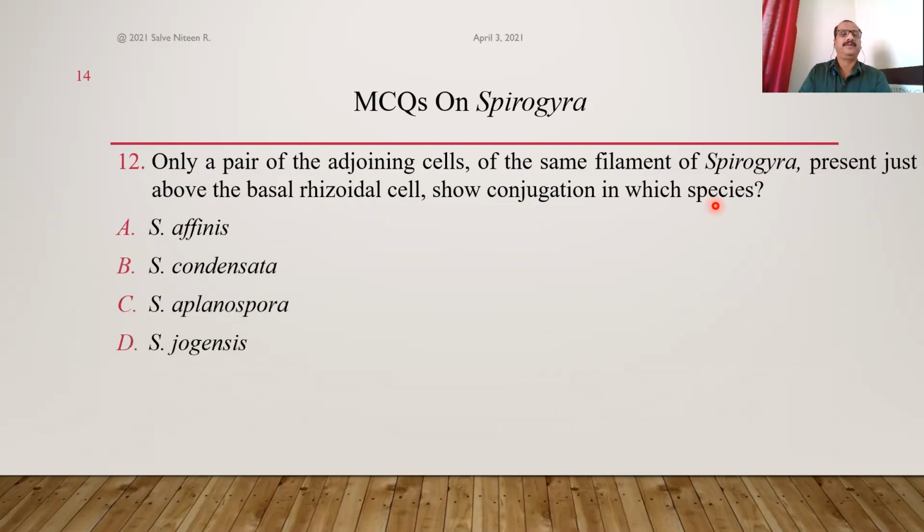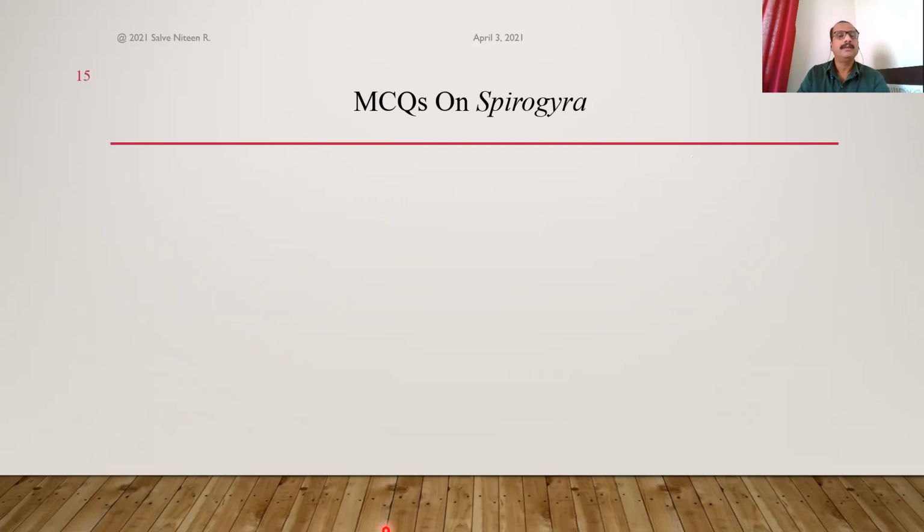Here species are given: Spirogyra affinis, condensata, planospora, Spirogyra jogensis. As you have studied, this is found in direct lateral conjugation, and the important example of direct lateral conjugation is the species Spirogyra jogensis, which is attached to the substratum by means of its basal cell called the rhizoidal cell or holdfast. So here Spirogyra jogensis is the correct answer. Okay, option D.